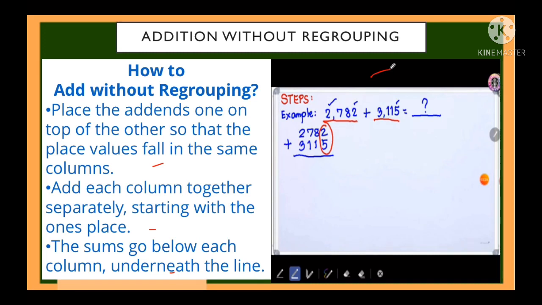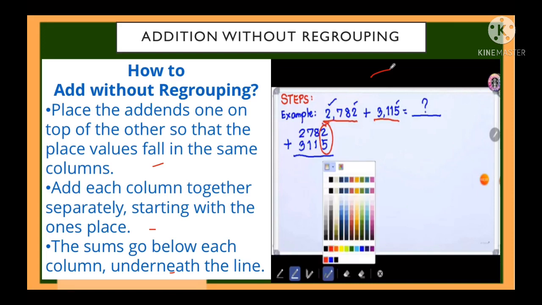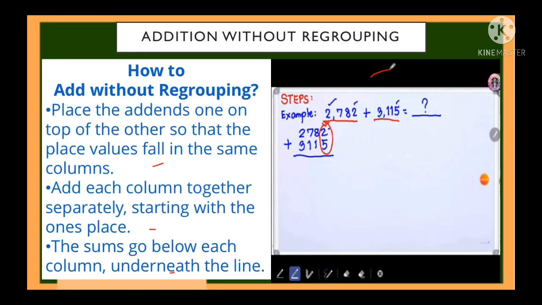Remember the ones place. So what will be 2 plus 5? 2 plus 5 is? Yes, it's 7. So just put here 7 below them.